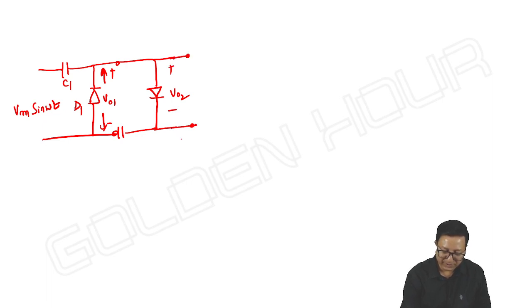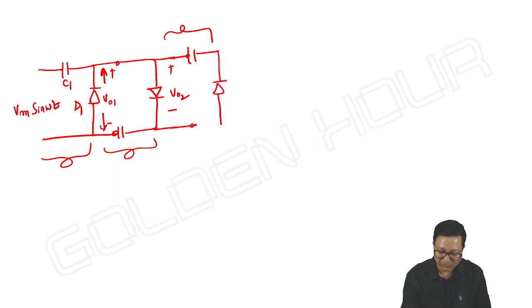VO2, the output of a negative clamper, is given as input to a positive clamper. Here alternatively in this part the capacitor has come upwards, here the capacitor has come down, and here the capacitor has to go upwards. So positive clamper.